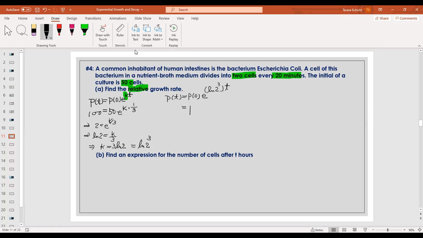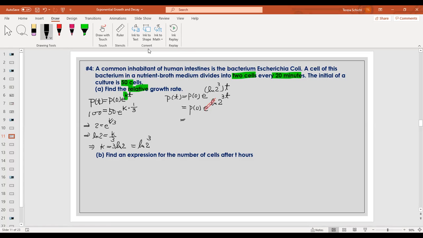You can use the natural log property one more time, because this t is t times natural log, so you can put it back into the exponent: natural log of 2 to the 3t. Then the e and the natural log cancel because they are inverse functions.